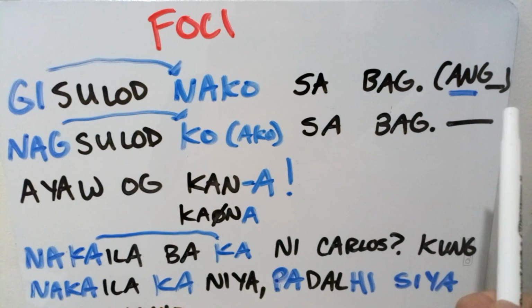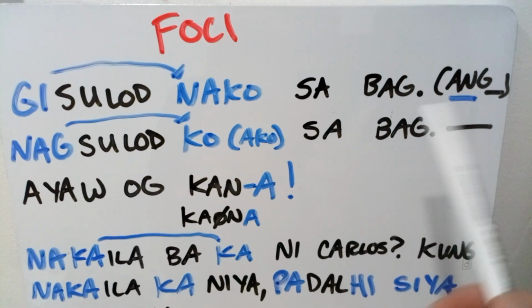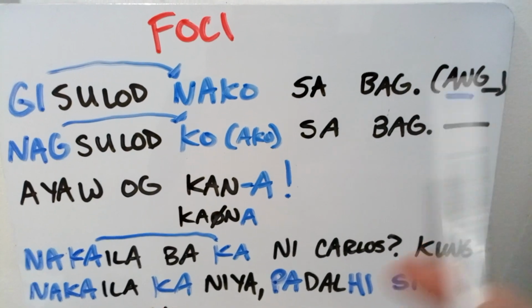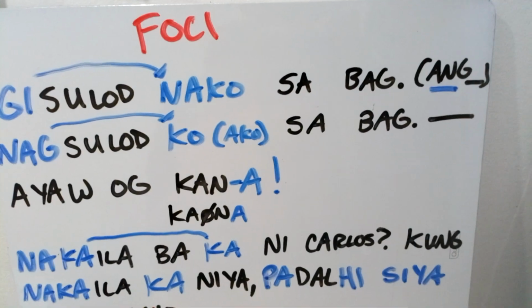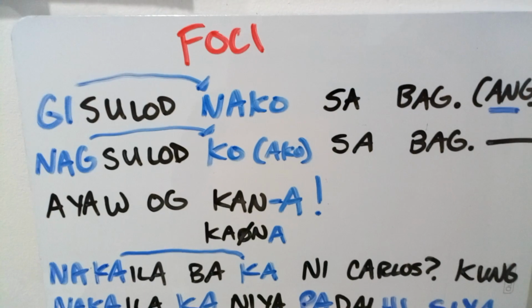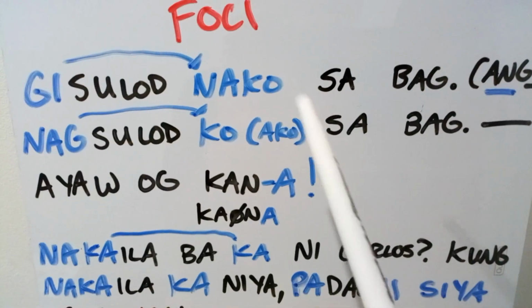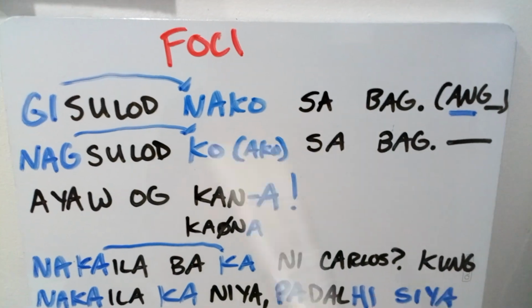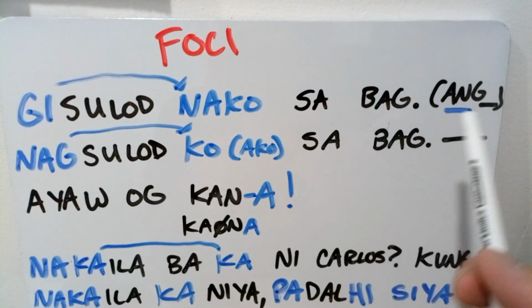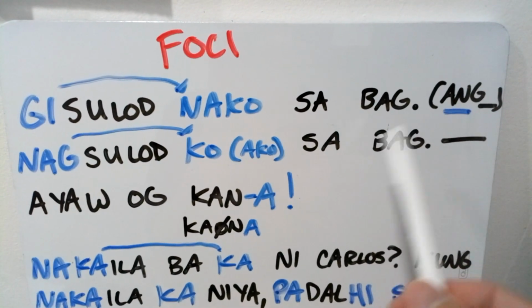Or if I don't know what the object was, and it's just a thing, this or that, I can say gisulod na ko sa bag kana, or kani. But this is telling me that an object, something in focus, was placed inside the bag.